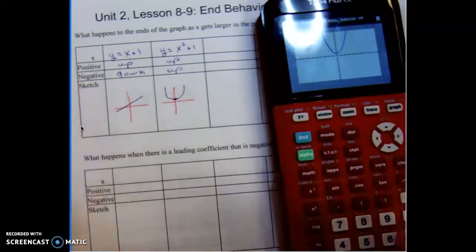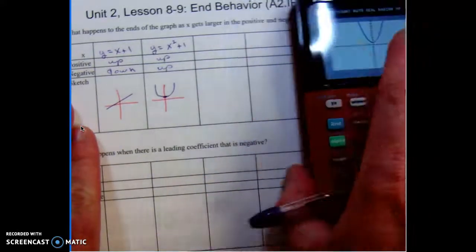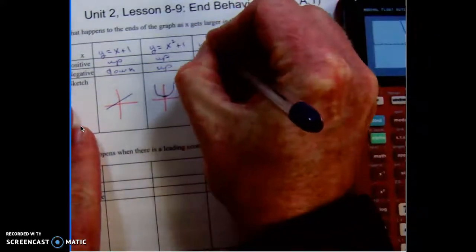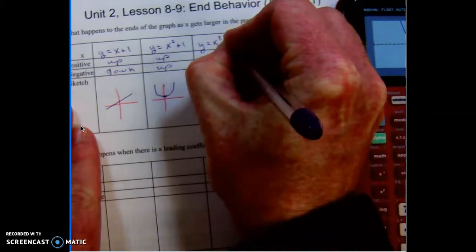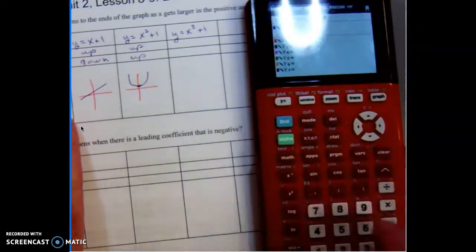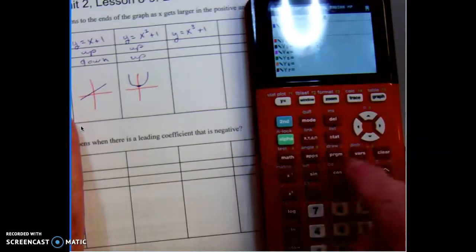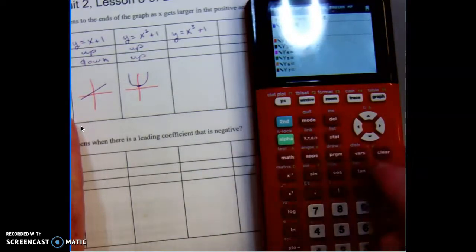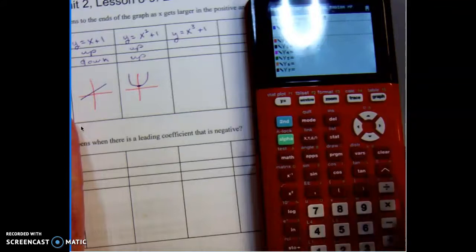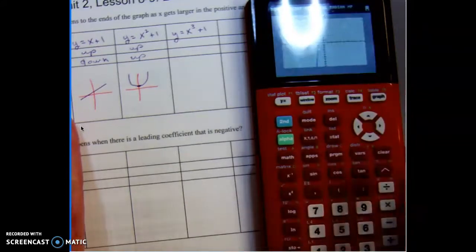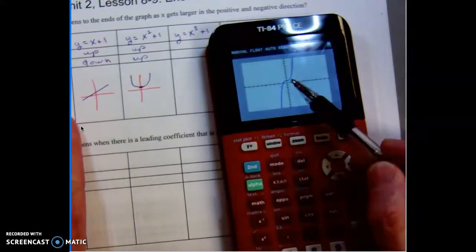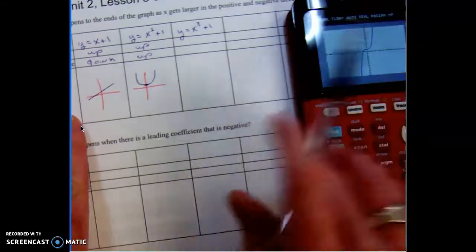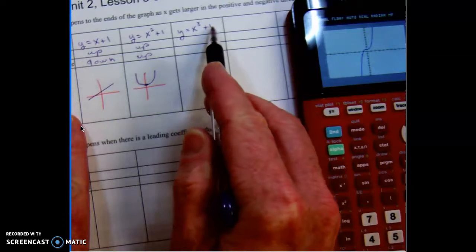Okay, so then the next question is, what if we go to x to the third? Okay, so let's try it. Y equals x to the third plus 1. And we're going to hit graph. Okay, so this one, again, it crosses at 1. If that x was 0, it'd still cross at 1.